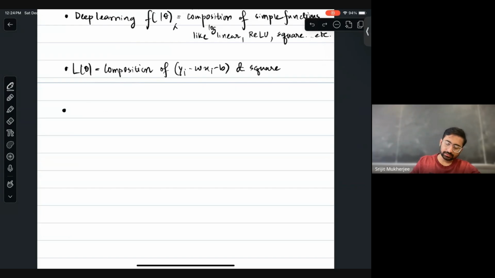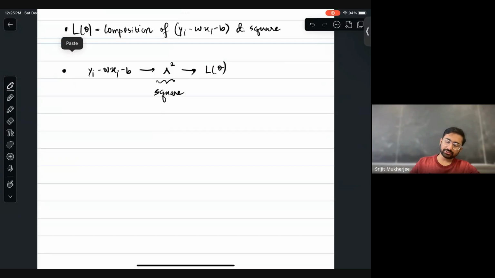So you can write this as yi minus w xi minus b, then the whole square, to the power of 2, and then the loss. So as you know, for a composition like this, finding the derivative of such a loss function, you have to use something called the chain rule.